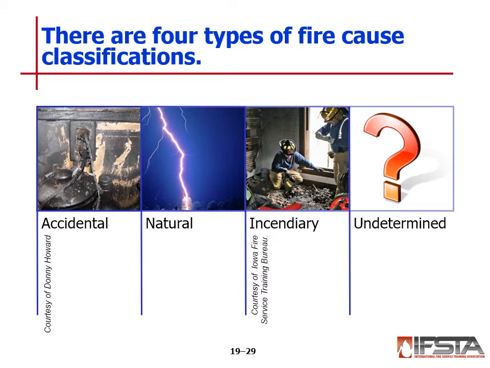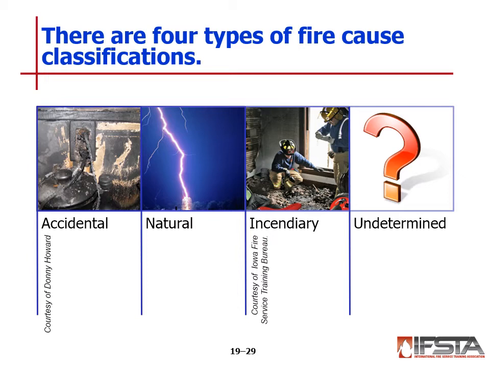And then undetermined. One of the important things to remember about undetermined is that this is when you can't find an origin, you can't find a cause. Sometimes this is going to be the case in structures that are totally destroyed by fire, and there's just no way that you can make a classification.